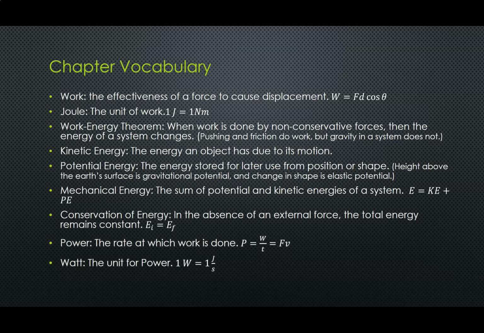So that's KE plus PE. So when we're doing no work, all right, we have no external forces, the total energy remains constant. When work is 0, Ei is equal to Ef. So that's the big idea that we're going to end up using for problem solving moving forward. The last thing we covered in Chapter 6 was power, which was the rate at which work is done, and that was measured in watts, which is a joule per second.